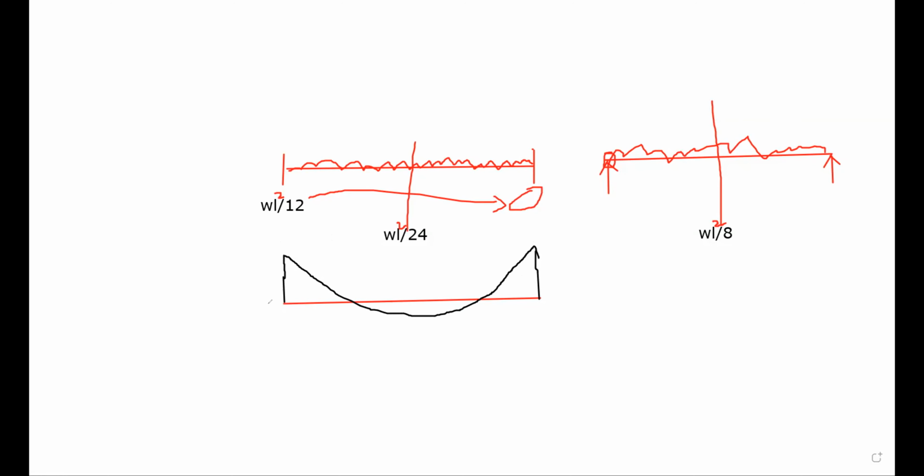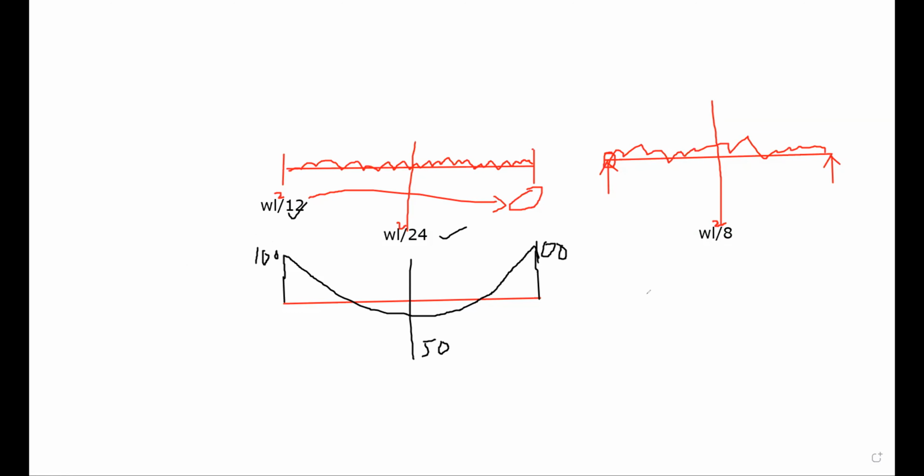So for the fixed beams, the moments at the end will be more, and at the center it will be less because of this formula and this formula. You can cross check also if you want. If it is 100 kilonewton meter at the end, here it is going to be only 50, and again here it is going to be somewhat 100.